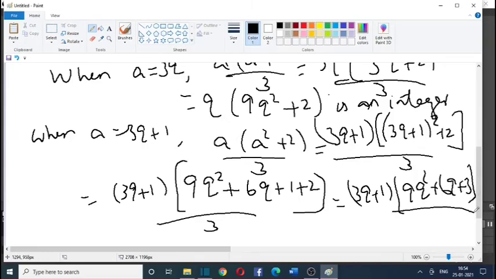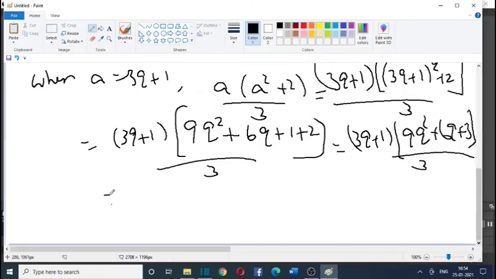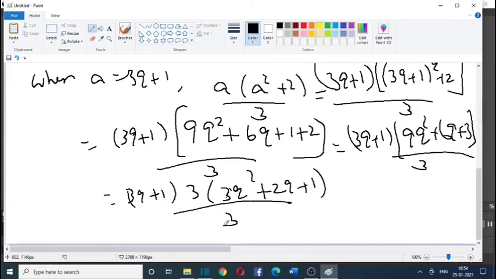So from the second term we can take out 3. So this is equal to (3q plus 1) into 3 into (3q square plus 2q plus 1) divided by 3. So 3 cancels. So this is (3q plus 1) into (3q square plus 2q plus 1), which is an integer.